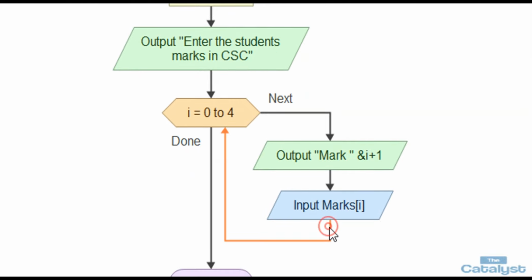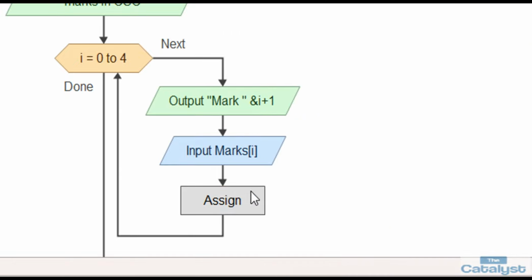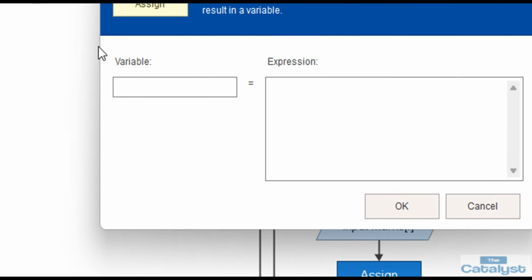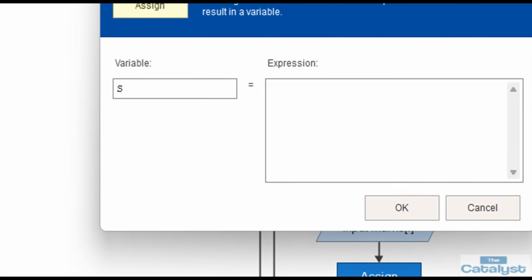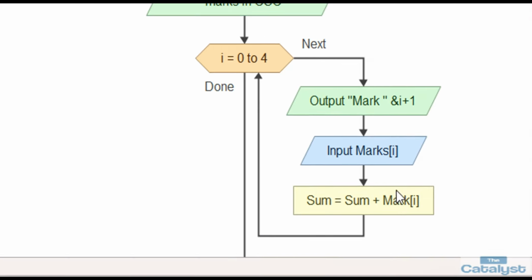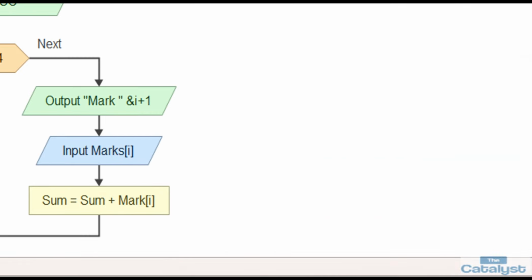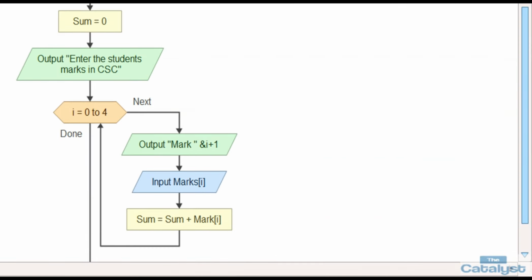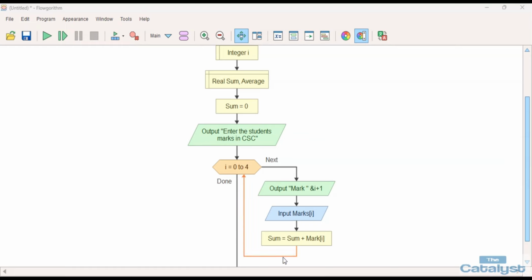So now we'll come back in the loop here, and we'll say let sum be equal to sum plus the new number, or the new mark found in cell I, which is the index. We add it each time. So what is going to happen is it's going to be looping here.